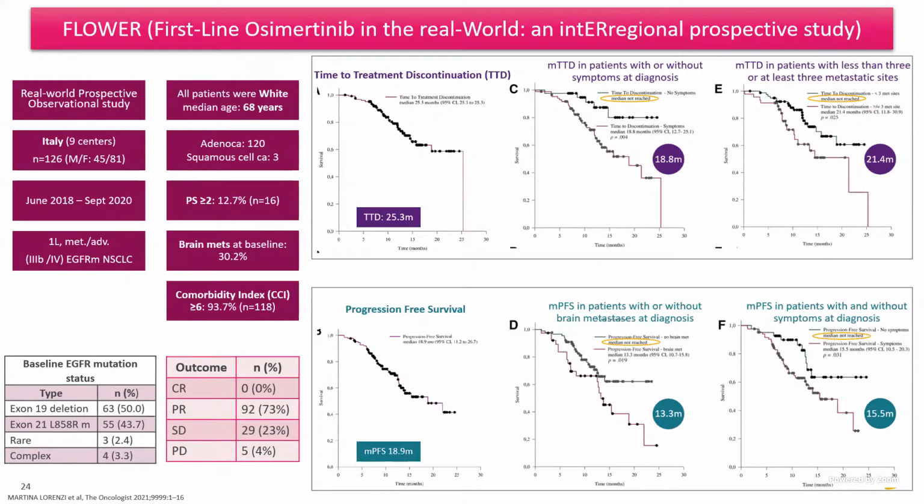Median PFS in patients with or without brain mets at diagnosis 13.3 months. Median PFS in patients with or without symptoms at diagnosis 15.5 months. It's all similar to the FLAURA trial. These are the real world patient data where PS of 2 or more also has been included, and brain mets were seen in 30% of the patients.